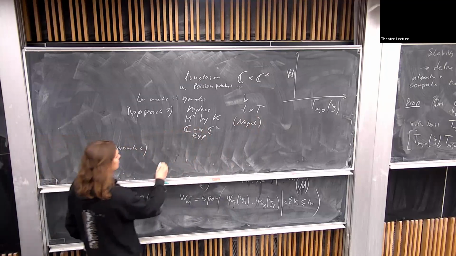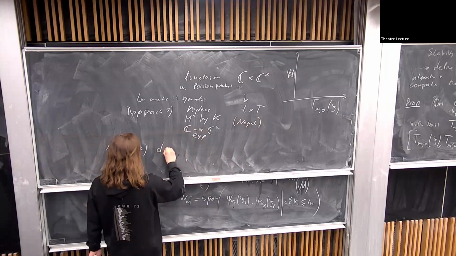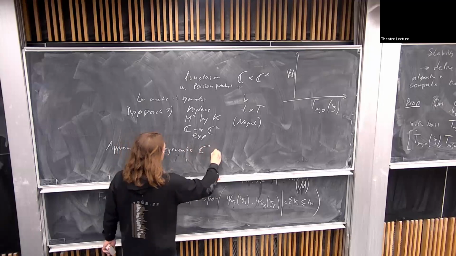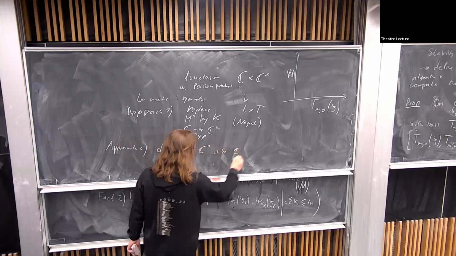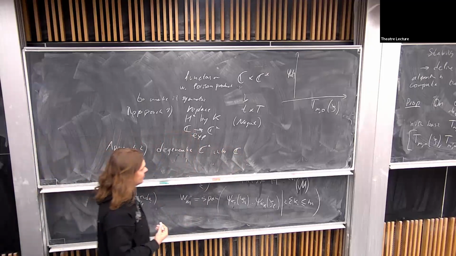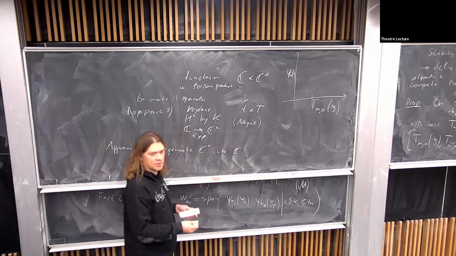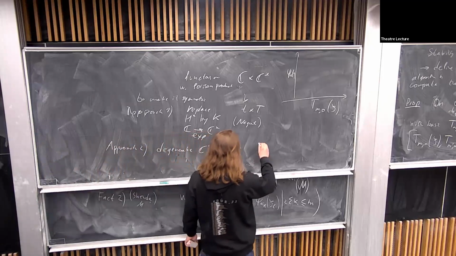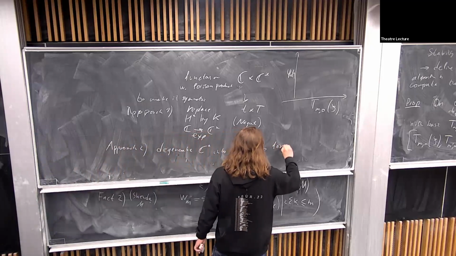Approach two is to try to degenerate C star into C. And that we can do by some sort of strange formal procedure, which we don't quite understand. So we kind of do it formally.